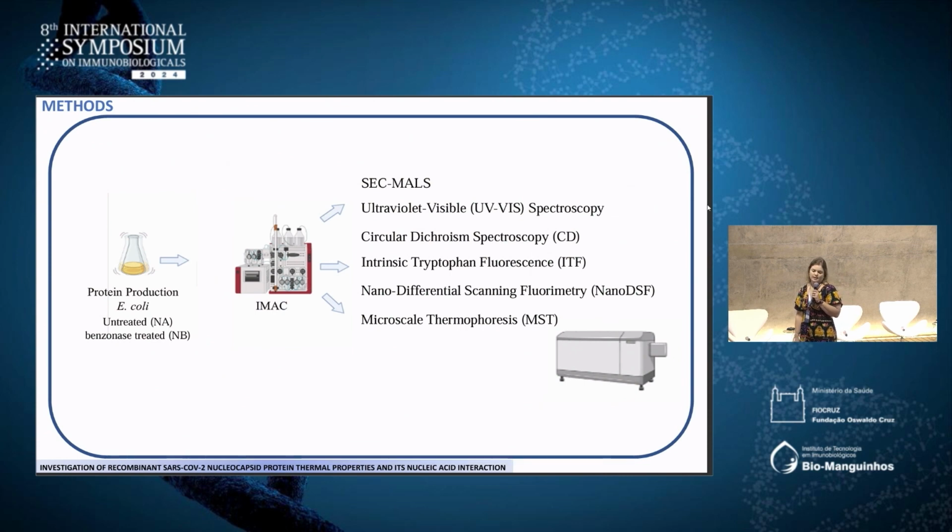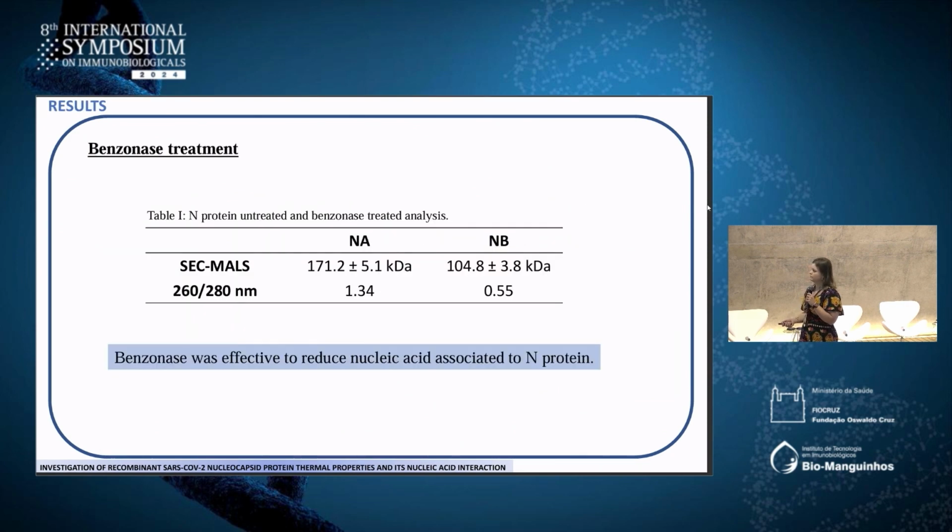These proteins were purified and analyzed with many biophysical and biochemical methodologies. In the first results, we show that after the treatment there was a reduction of nucleic acid in the NB protein, showing that the reduction of nucleic acid is conditioned to the reduction of the oligomers.